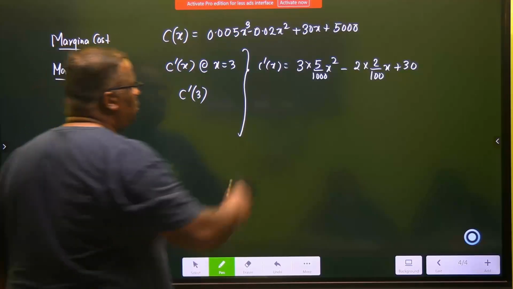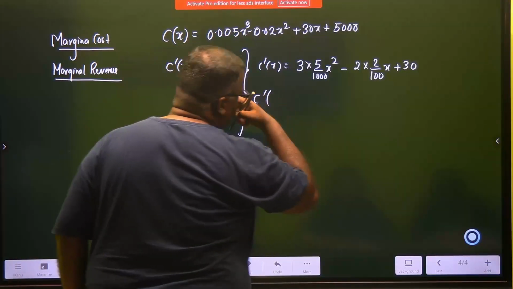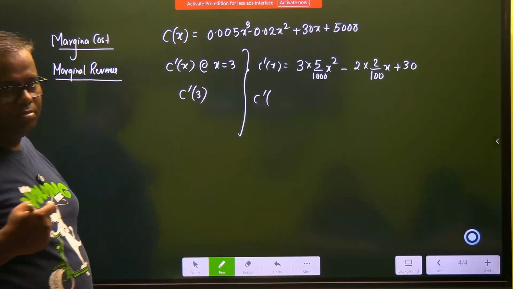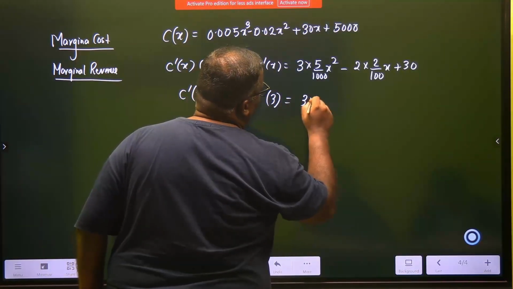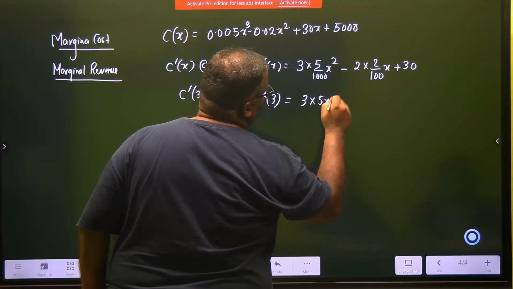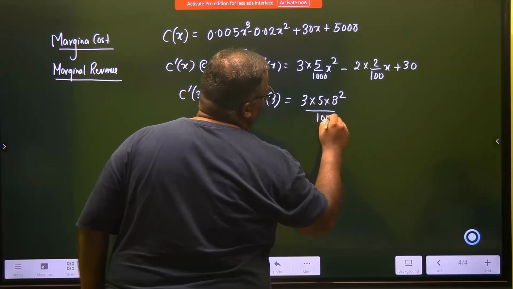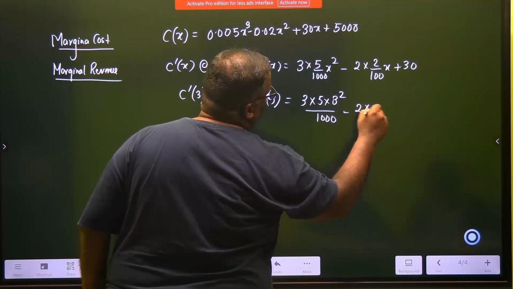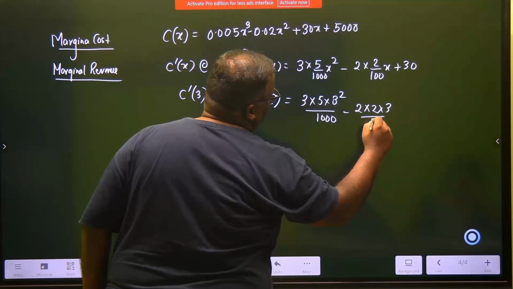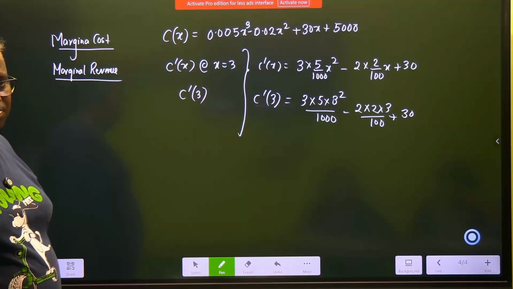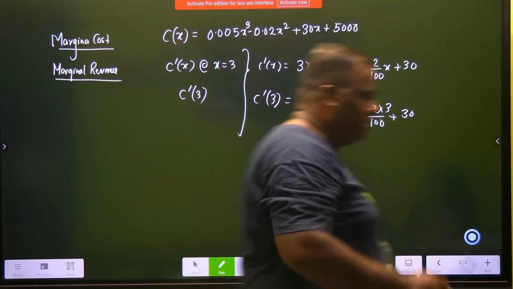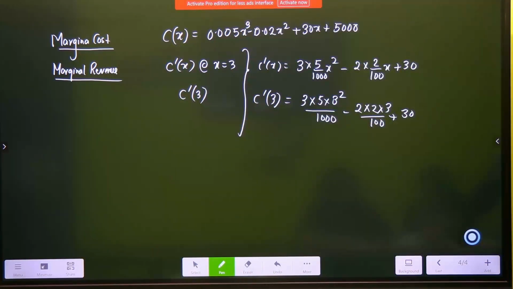So you are now in a position to find the marginal cost at 3. So find it out: 3 into 5 into 3 square by 1000 minus 2 into 3 by 100 plus 30. Whatever answer you get, that's the answer. Got it? Your next problem is something about revenue.